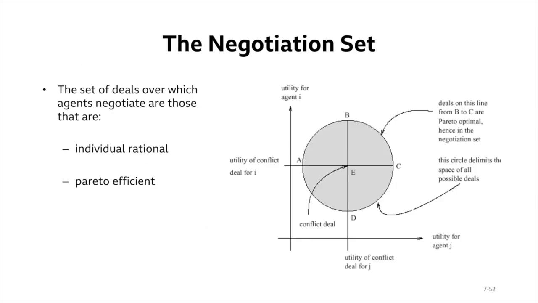Now, it turns out that if you use the Zeuthen strategy, you end up with an outcome which is on that line.